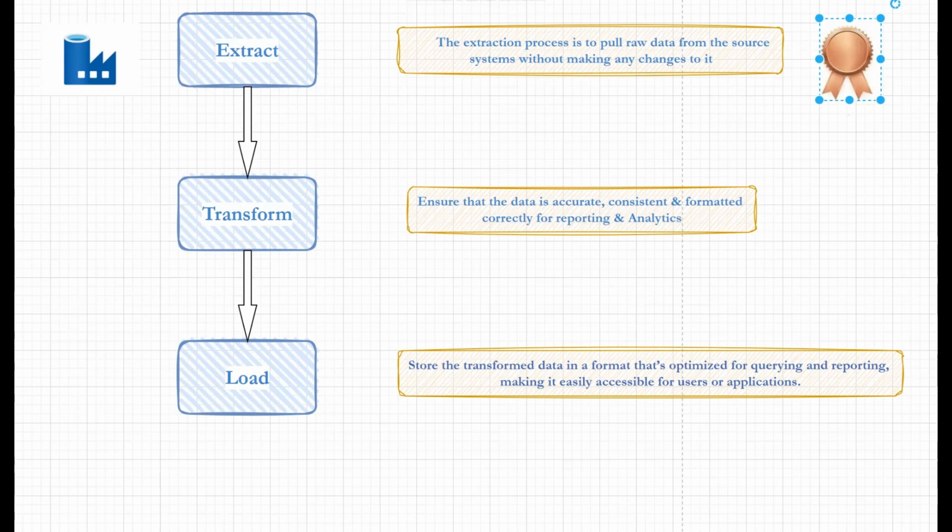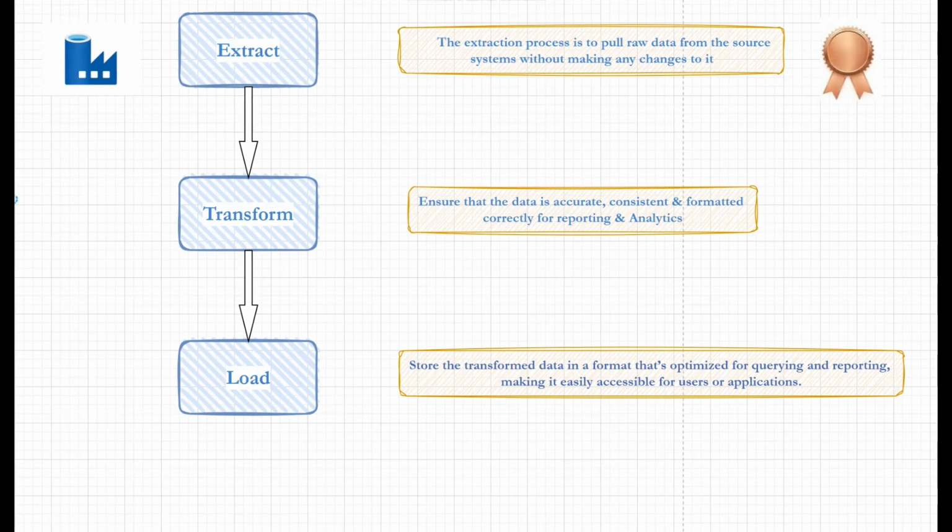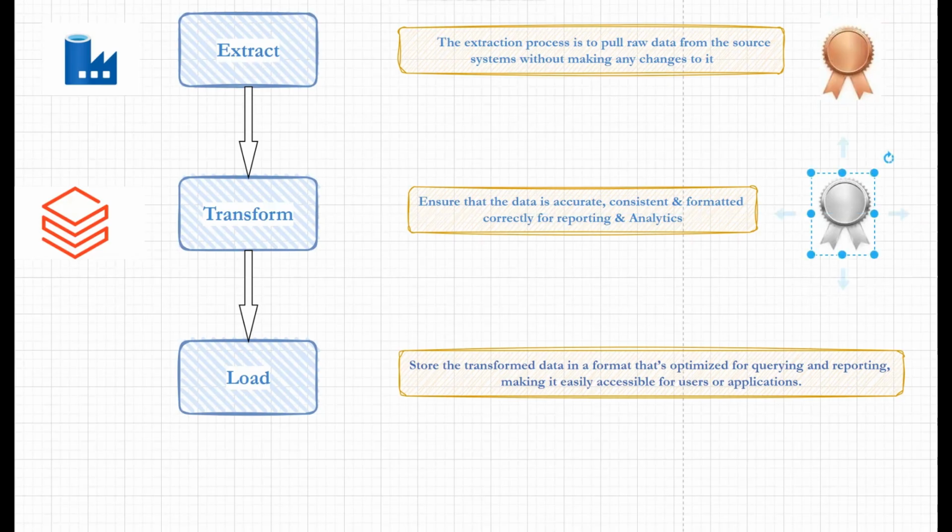Then in the transformation, Databricks will come into the scenario, and Databricks will read the raw data from the bronze layer, then it will perform cleaning and transformation, and it will make that data into a more structured format, and then it will store it into the silver layer.